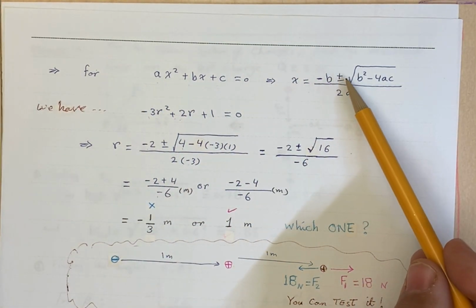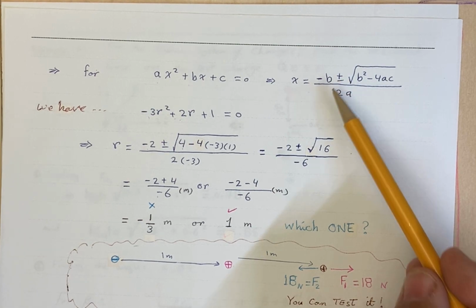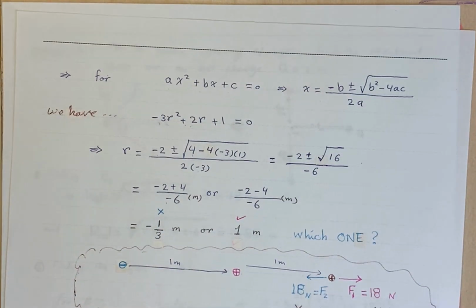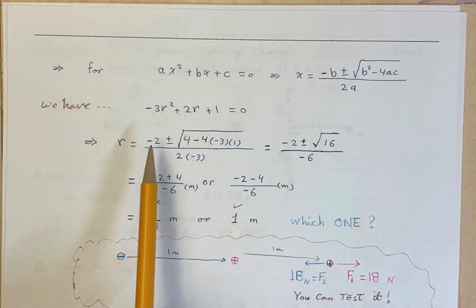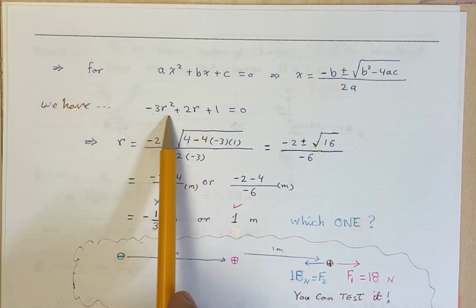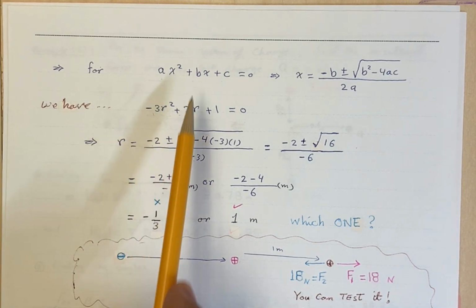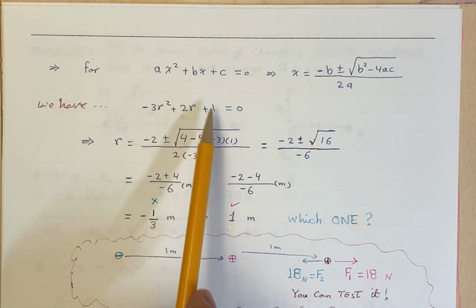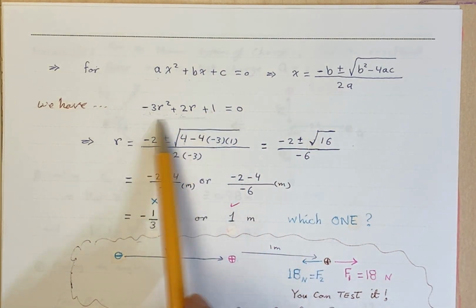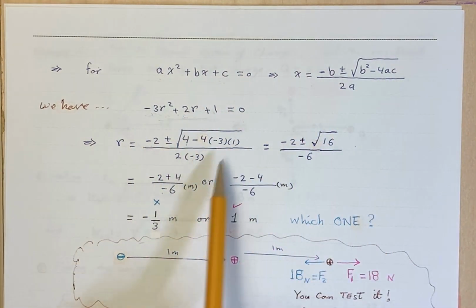We have positive and negative because we have two values to solve this equation. One of them is with the positive sign, the other with the negative sign. We will see that now. Now let us apply it to our r. This is our relation. So a is negative 3, b is positive 2, c is positive 1. Apply these values to find r.